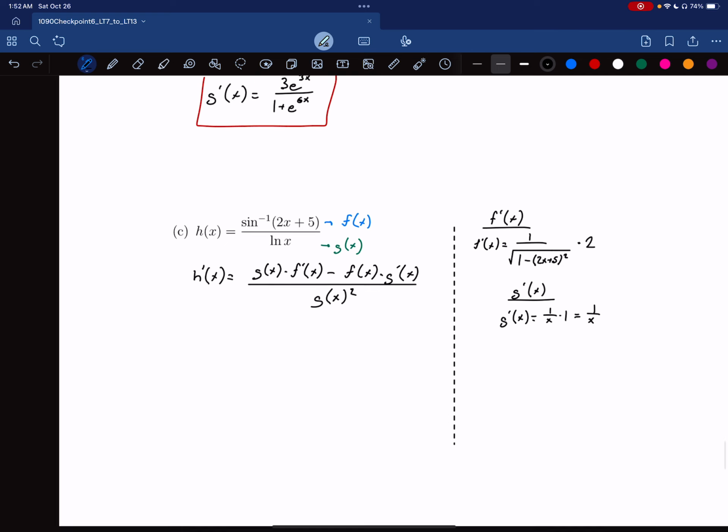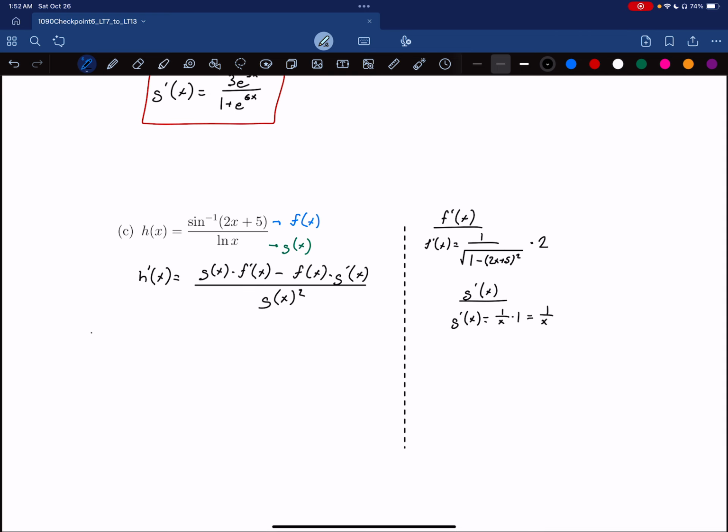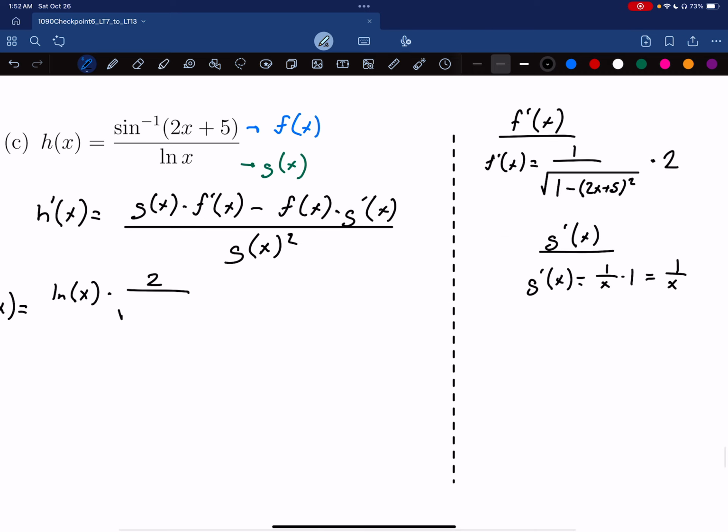All right, so with these values in hand, let's go ahead and plug those in to get our h prime of x. We have g of x, which is ln of x, times f prime of x, which is 2 over square root of 1 minus (2x plus 5) squared, minus f of x, so inverse sine, times g prime of x, which is just 1 over x.